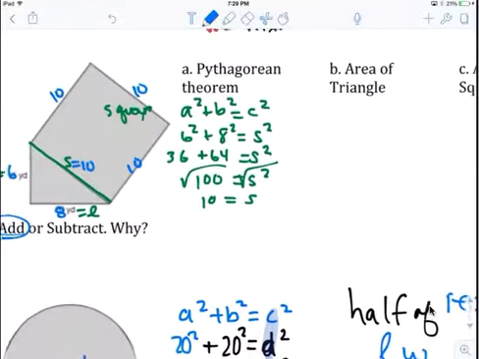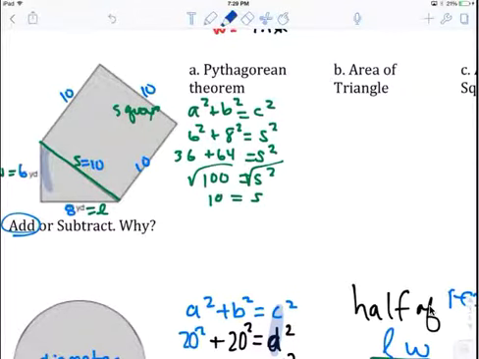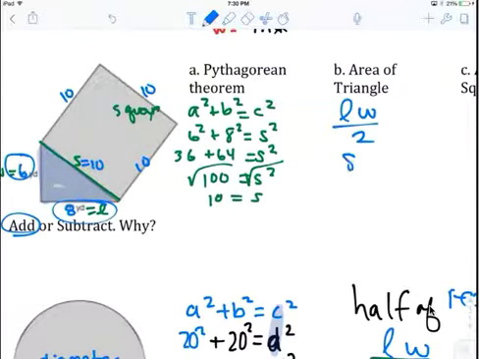So the area of the triangle, which is this right here. A triangle is basically half of a rectangle, so length times width divided by 2. You get 6 and 8, divide by 2, you get 24 yards squared.